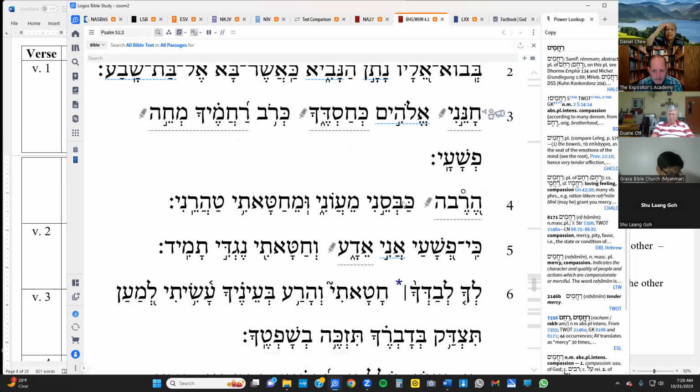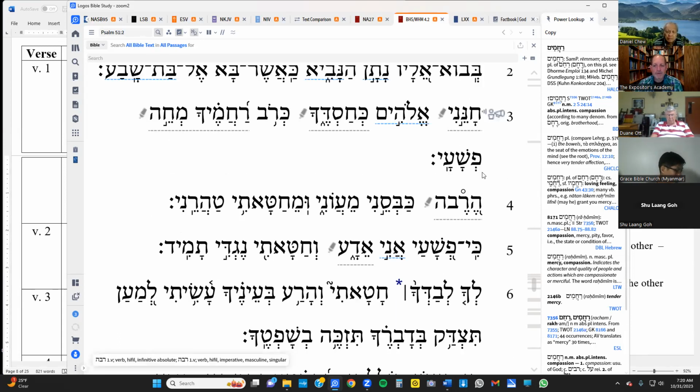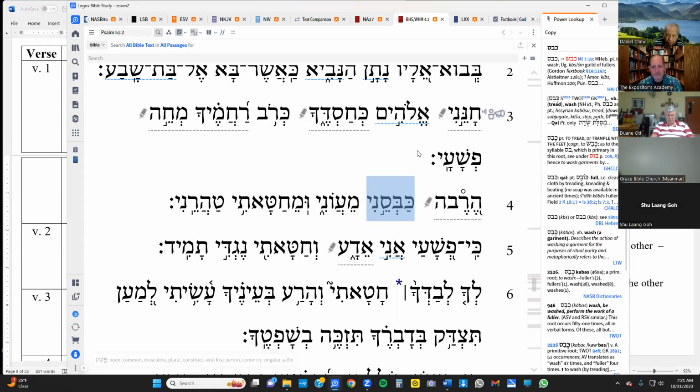There it is. Yeah, I didn't recognize some of the terms here. All right. Sorry, it's verse 4 in this, because the Hebrew verses are a little bit different. Yeah, this is "thoroughly." Okay.